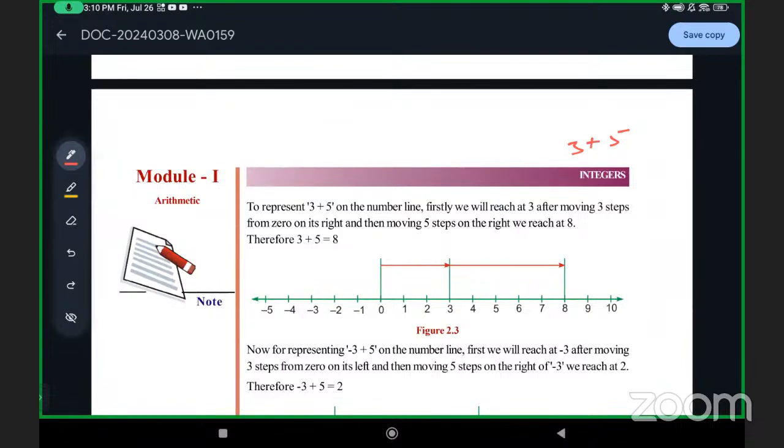Both are positive. So from 0 to 3 I will go first, and then from 3 to 5 I will go like this. Then I see it's starting from 0 and taking me to 8. So 3 plus 5 becomes 8. This is really basic, adding on the number line.